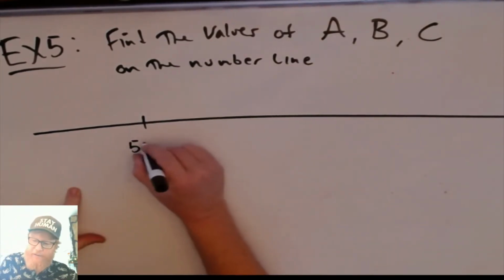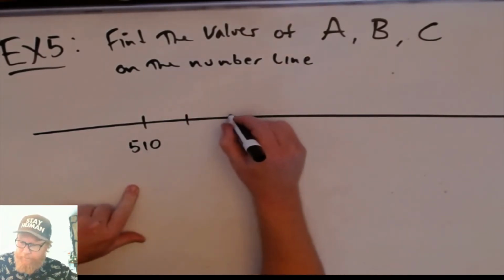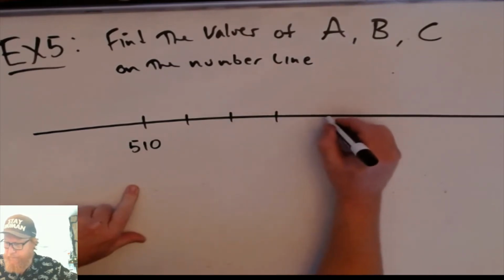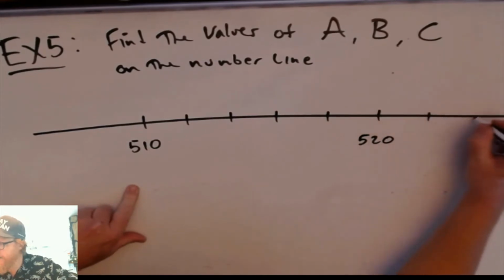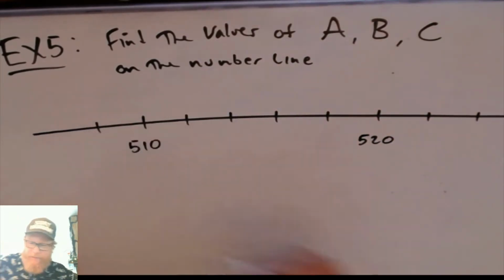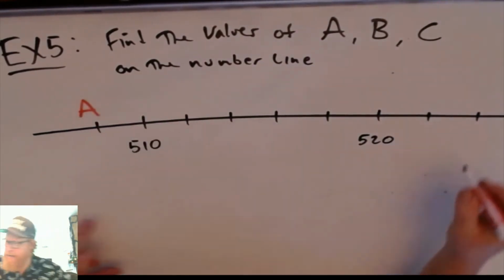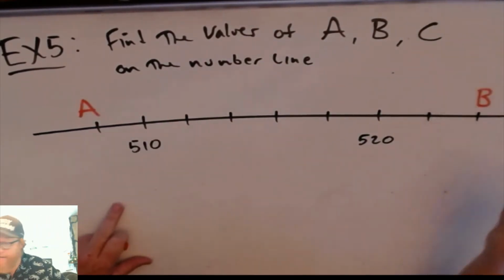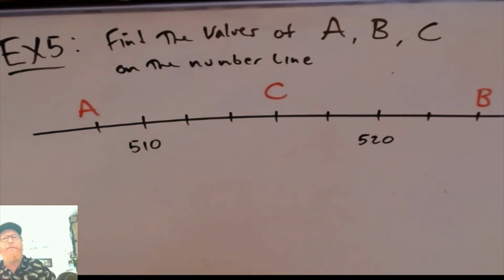Suppose this is 510, and suppose this is 520. I want to know where A, B, and, I guess, C are. So find the values of A, B, and C. Notice I didn't put them all in alphabetical order. It's just to make you pay attention to where you are on the number line.